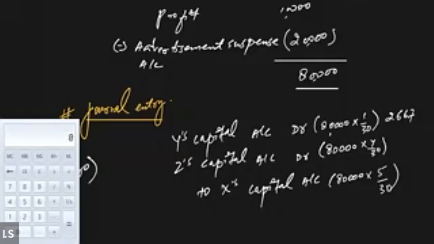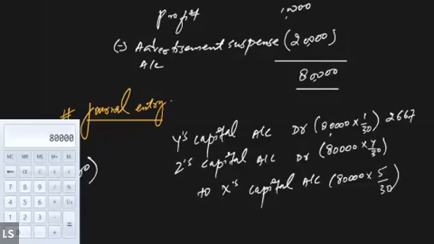Similarly, 80,000 into 4 by 30 will be 10,667. And 80,000 into 5 by 30 will be 13,333.